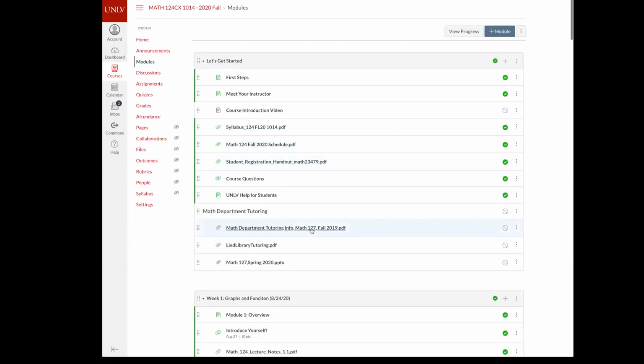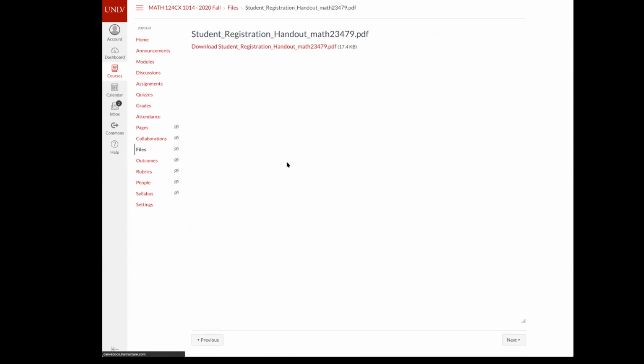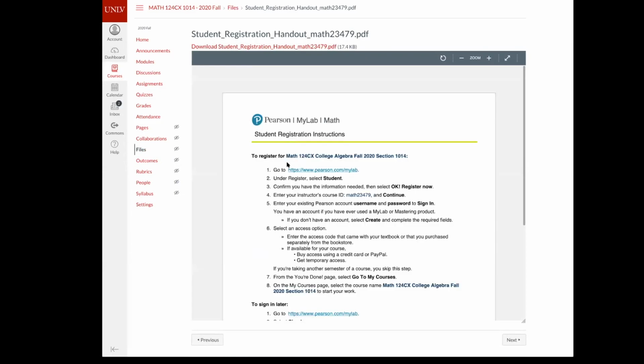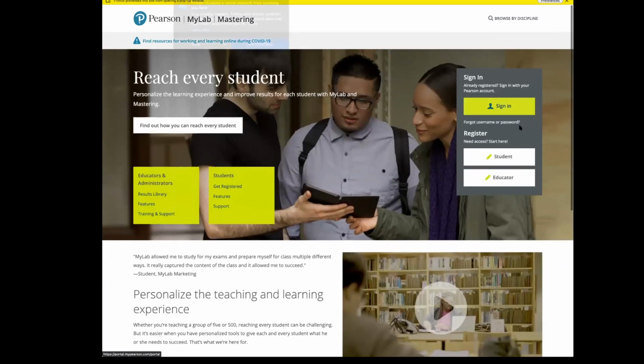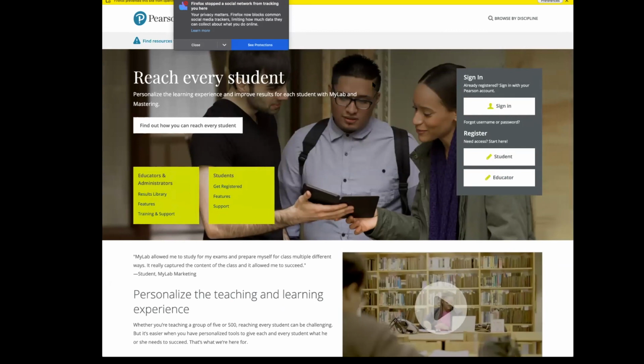In order to get to your homework, you're just going to click on the student registration handout right here. You're going to make an account for the homework, and then you just click right here. It'll take you to MyMathLab, and you just sign in as a student, and then you'll see it. It's wonderfully nice, and then you'll do your homework.